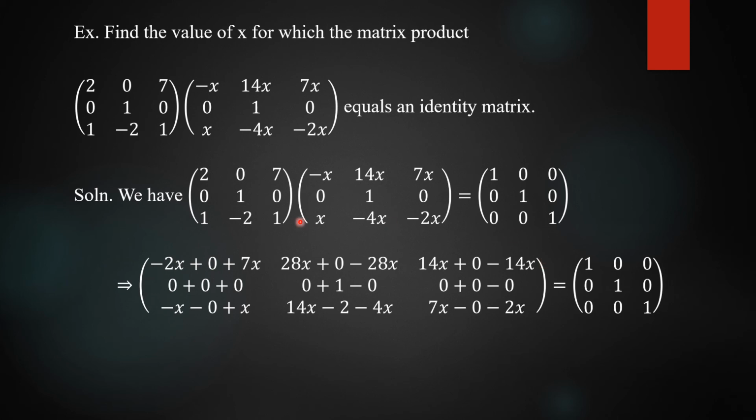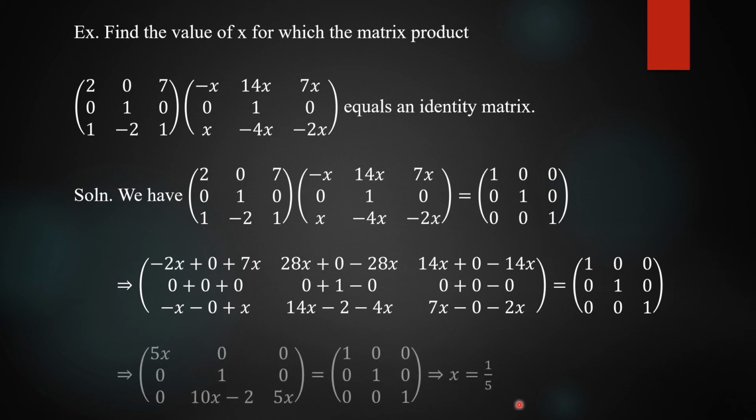After that, take the second row, again in the first, second and third columns, and write those numbers. Then the third row, again repeat, and write those numbers in the third row. The right hand side remains the same, and calculate it.